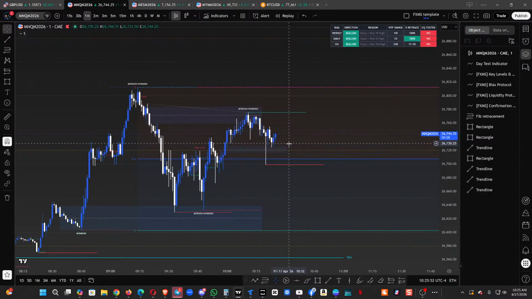I guess being in profit would be a good thing, but still, 10, 15 points sitting through this hour-long chop is pretty degrading.